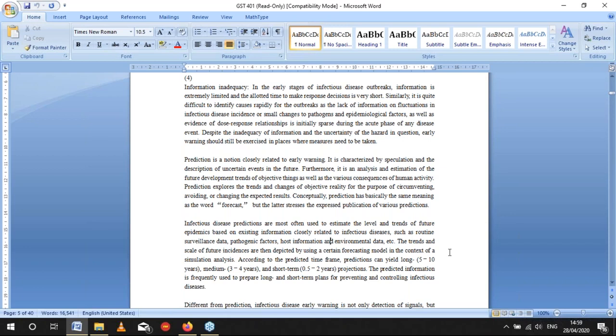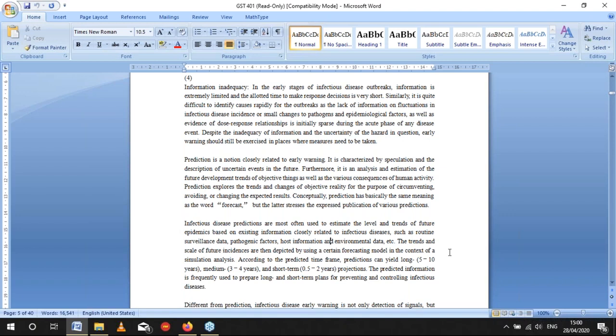Number one, early warning emphasizes detecting possible or ongoing events and issuing warning messages. What happens to prediction? They describe events that are yet to occur.